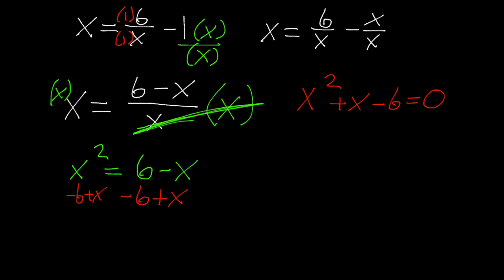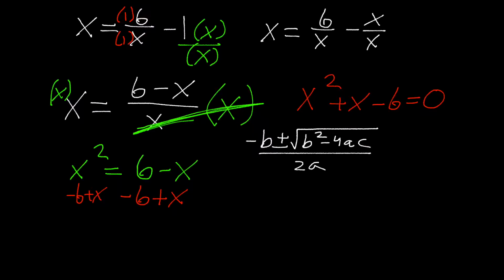So, quadratic formula. Opposite of b, plus or minus the square root of b squared minus 4ac all over 2a. And we can only use this if this is equal to 0, and this quadratic formula gives us x values. So what does x have to be to make it equal to 0?